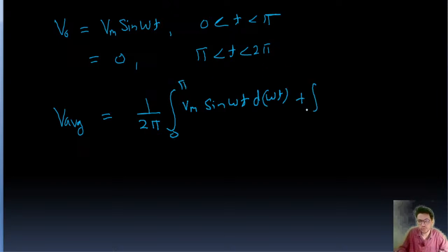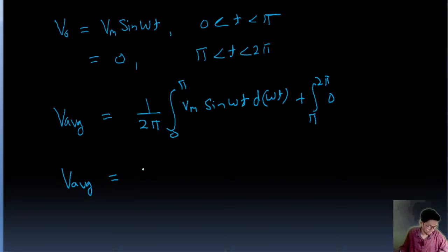And from pi to 2 pi, this value is going to be 0, right? So V average value is going to be this one.